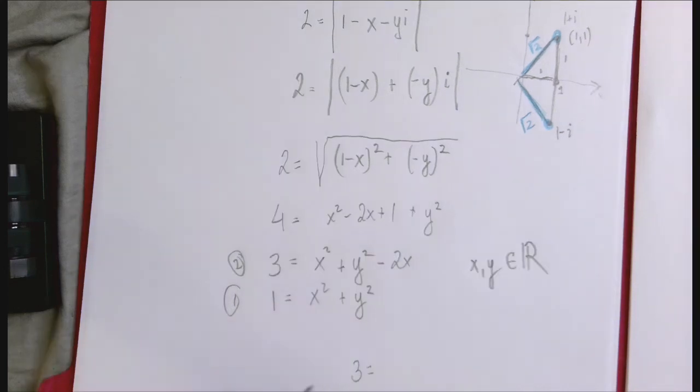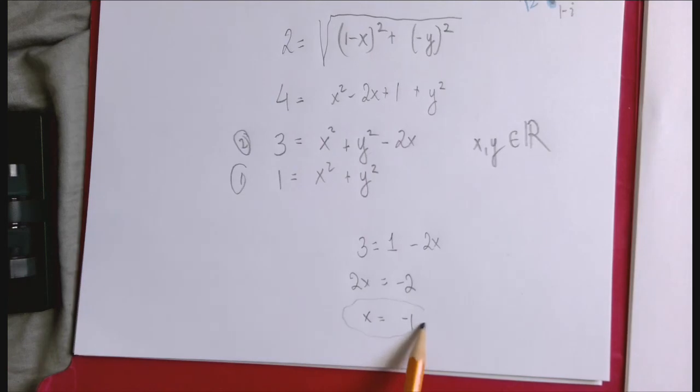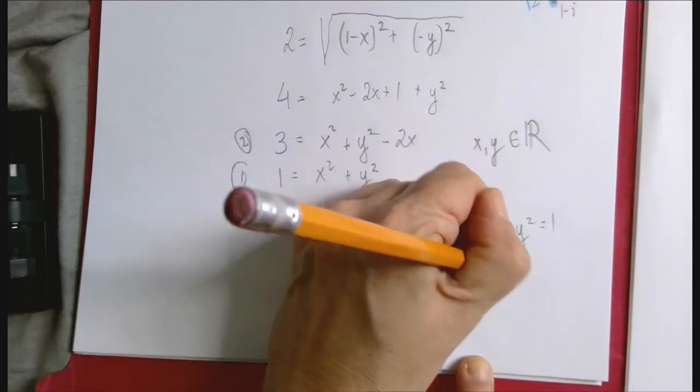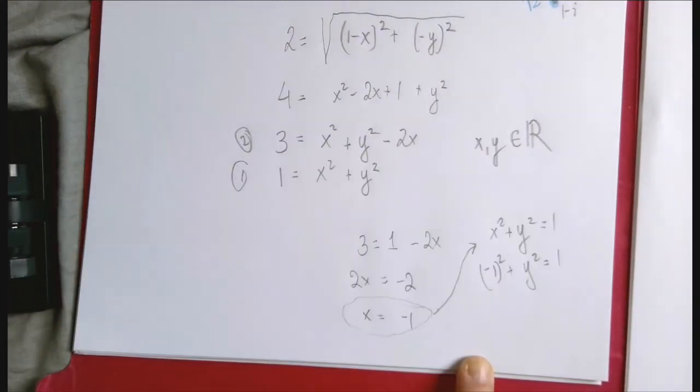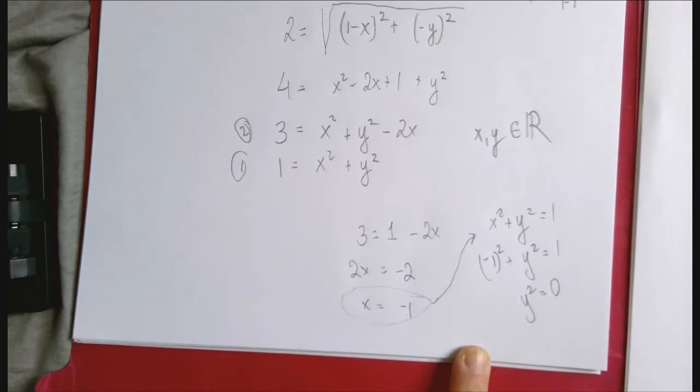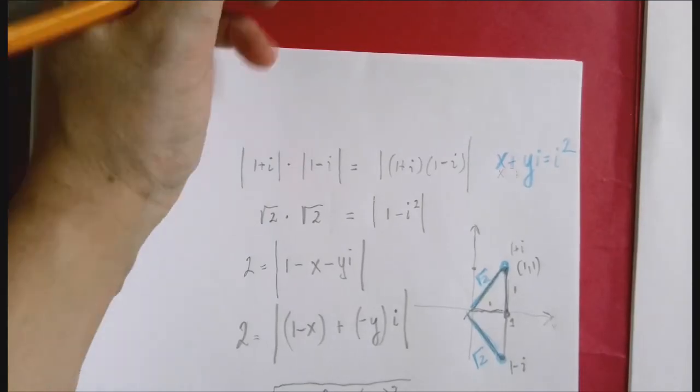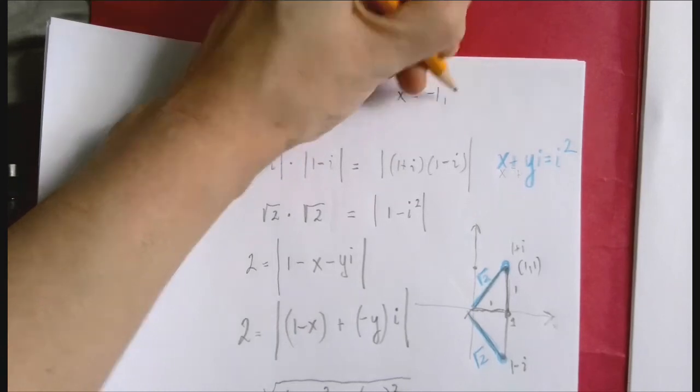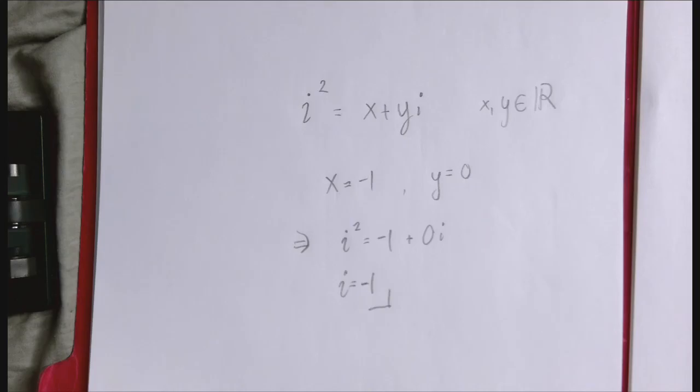We get 3 equals 1 minus 2x. Solve for x. Get that x is -1. Remember, x and y are real numbers. If x is -1, then minus 1 squared will not leave any space left for y, so y is 0. We got that x is -1 and y is 0, which means that i squared has to be -1.